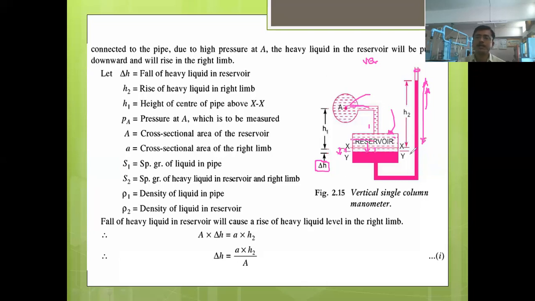Hence this variation in the manometric reading can be neglected.